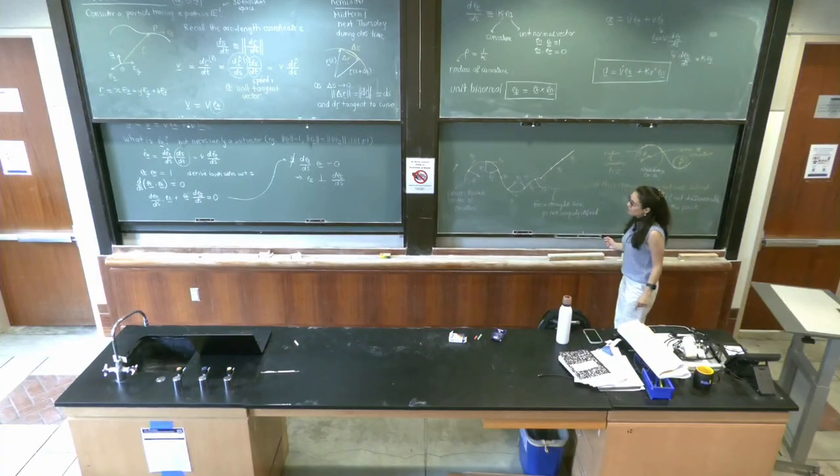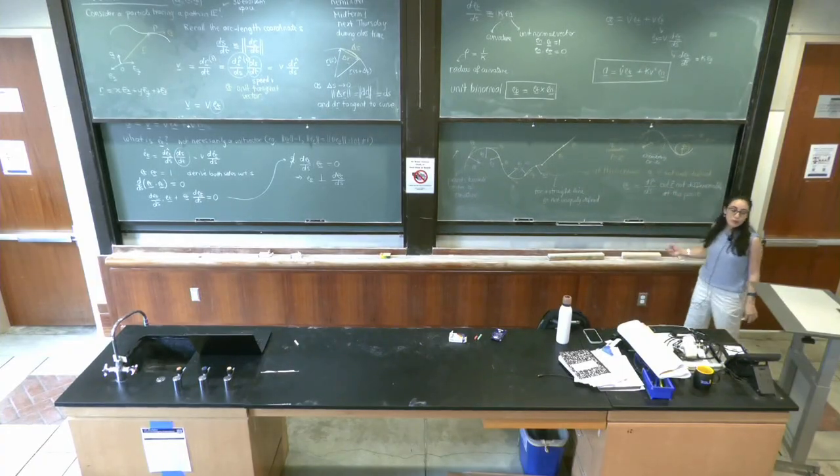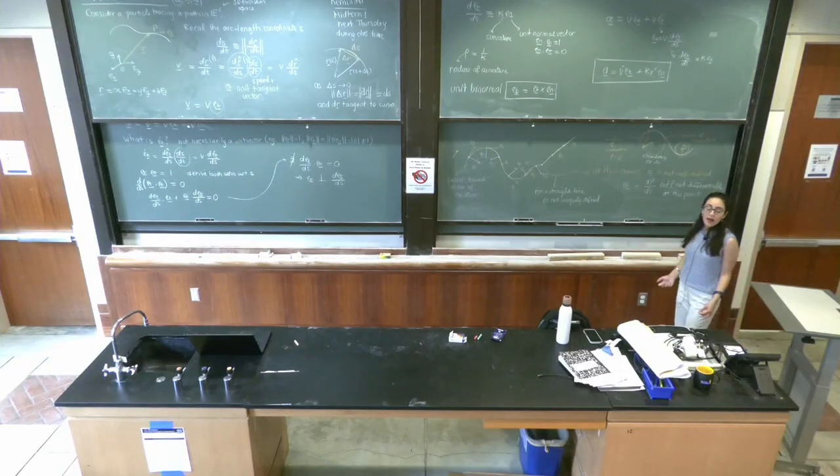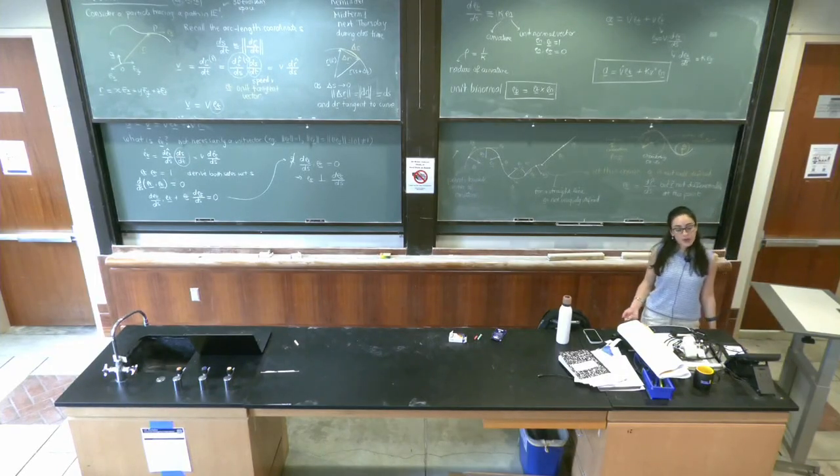In the case of a straight line, what we do is we just choose En to be perpendicular to ET, but there are some smart choices. We're going to do an example.